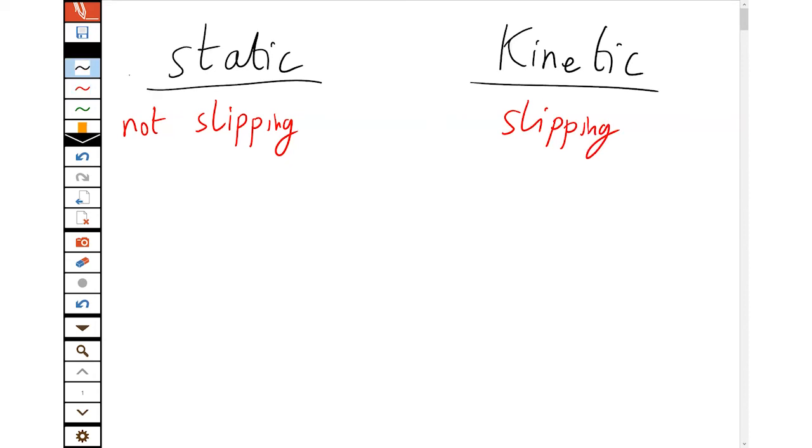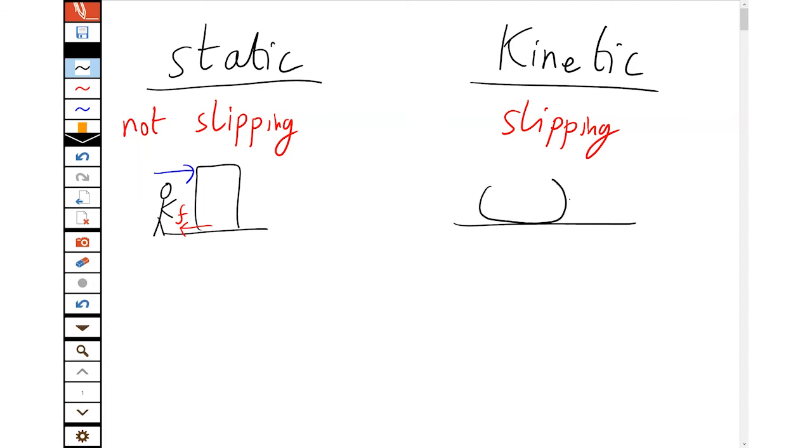So the most common example of that, static, is, well, it's me and that fridge again. The fridge isn't moving, but because I try to move it, the intended motion is to the right. The friction opposes that. Kinetic friction is where things are moving.